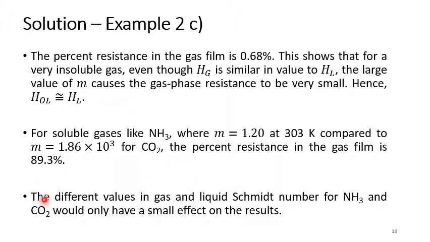You can see that the Schmidt number has only a very small effect on the results. So it really depends on the equilibrium data, the vapor liquid equilibrium, the gas solubility in the liquid and the gas phases. Okay, that's all for part 1.